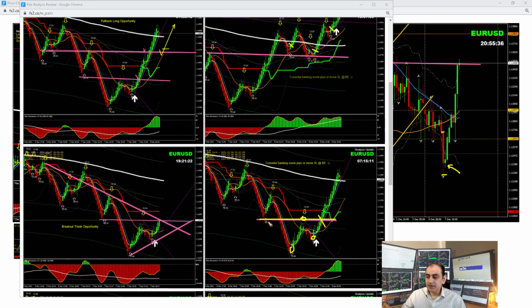And this looks like an inverted head and shoulders pattern. That's what I explained to my traders. We had this beautiful breakout, and as soon as the price hit the 100 EMA in the 4-hour, as you can see at the previous high, I explained to my traders it's time to bank some profit, and let's wait for another pullback.